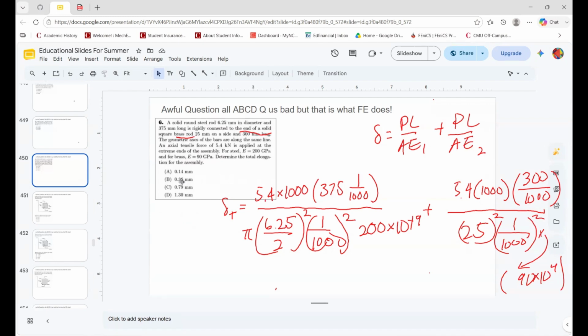So division, 5.4 multiplied by 1,000 multiplied by parentheses 375 divided by 1,000 parentheses pi multiply parentheses division 6.25 divided by 2 parentheses square multiplied by parentheses division 1 over 1,000 parentheses square multiply 2,200 multiplied by 10 square root of 9.